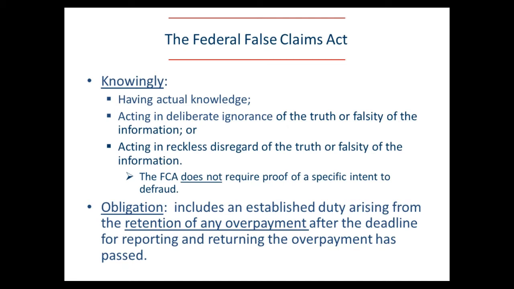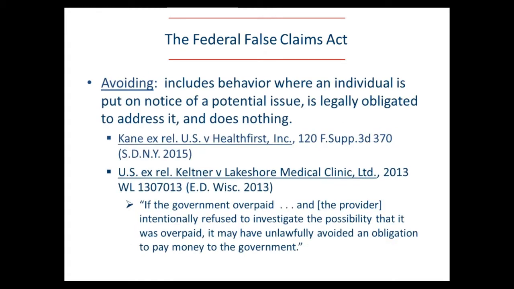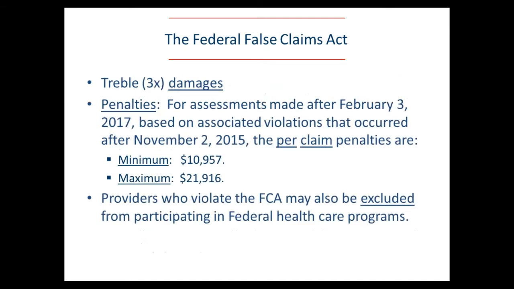An obligation is a duty arising from the retention of an overpayment after the deadline for reporting and returning it has passed. And finally, the word avoiding. Avoiding includes where an individual is put on notice of a potential issue, is legally obligated to address it, and does nothing.